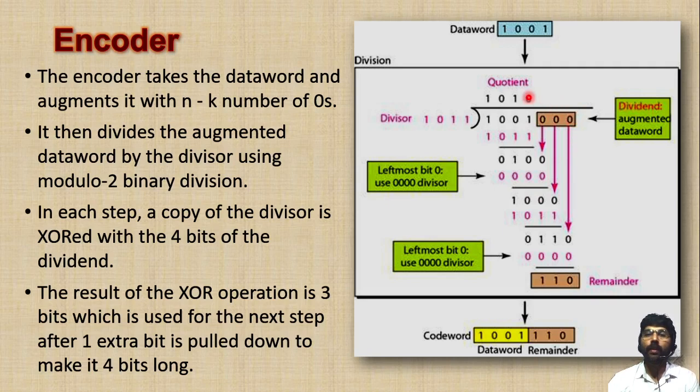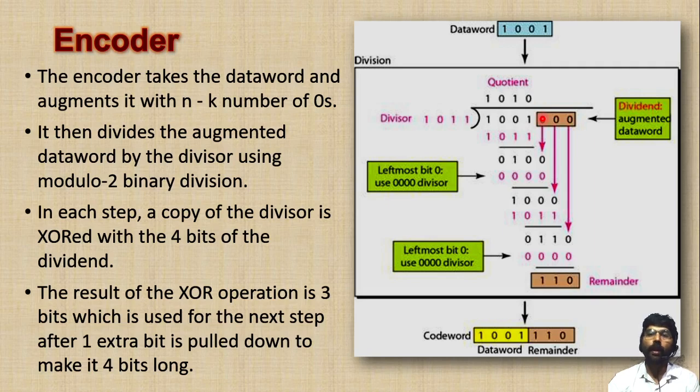Now this diagram shows how the encoding works. We consider the data as k number of bits and the code word size is n. So I have to augment n minus k bits to this data word before any encoding process.